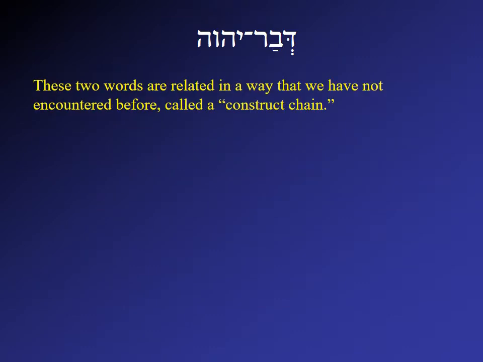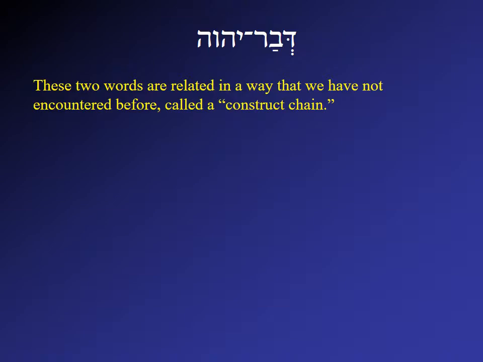Now, these two words, you see they're two nouns next to each other, here connected by a makef. These two words are related in a way that we haven't seen before. This is called a construct chain. Previously, we've seen two nouns next to each other being connected by a to be verb. So, Ani Adonai, I am the Lord.